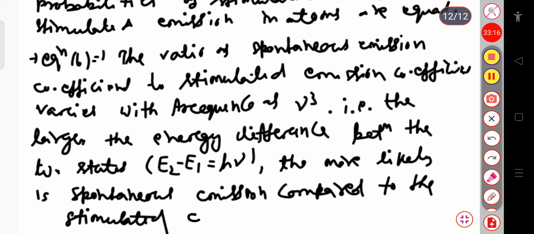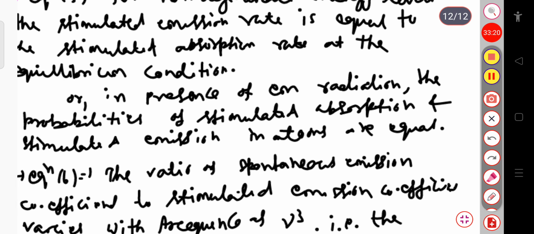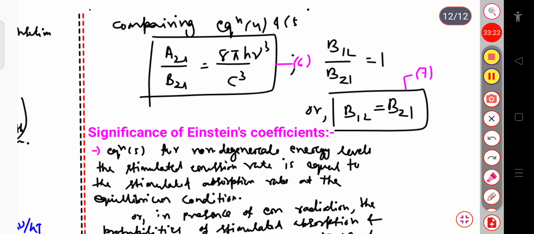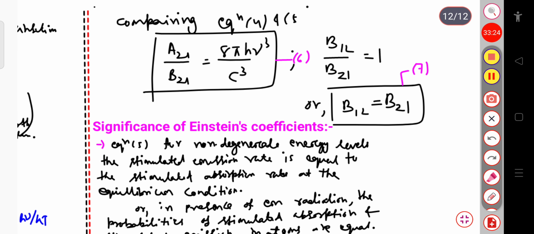Let me explain. If you see this expression, A21 by B21 equal to 8 pi h nu cube by c cube, A21 represents the spontaneous emission, 21 means the downward transition, and B represents the stimulated one.